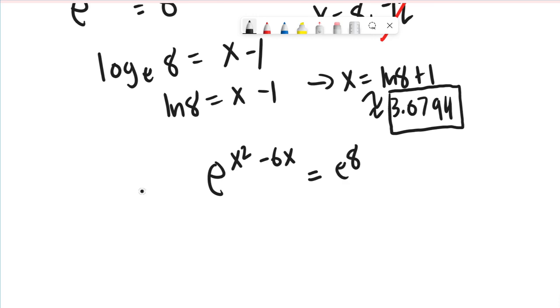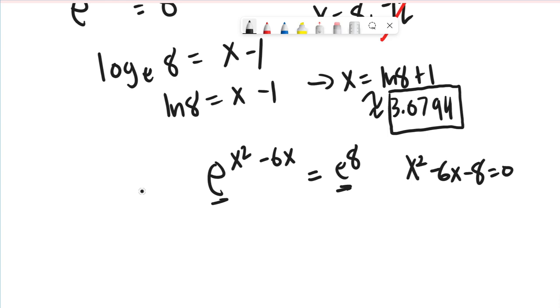Then essentially this would be the exact same thing, where you would say that the exponents must be equal, because here you have that the bases are the same. So x squared minus 6x minus 8 equals 0. And then you would just solve this equation as needed.